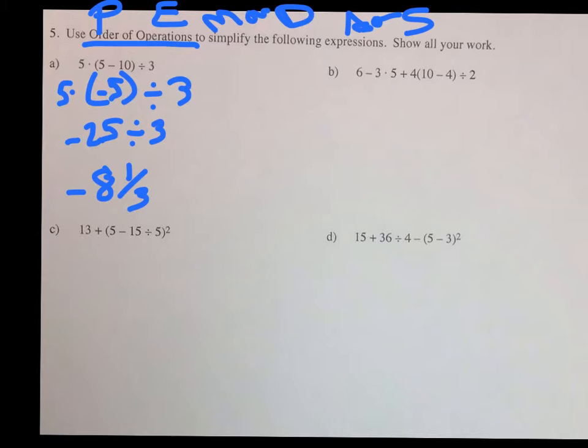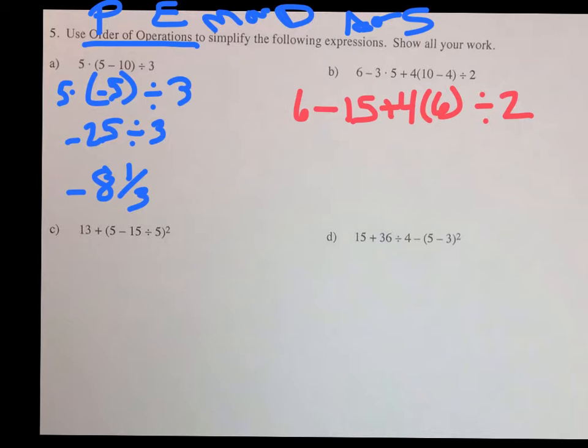Letter B, there is parentheses again, so 10 minus 4 is 6. And then we've got a 4 there, so that ends up being 6 minus, and actually I can do that 3 times 5 at the same time. And then it's going to be divided by 2 over there. So that ends up being 6 minus 15 plus 4 times 6 divided by 2.